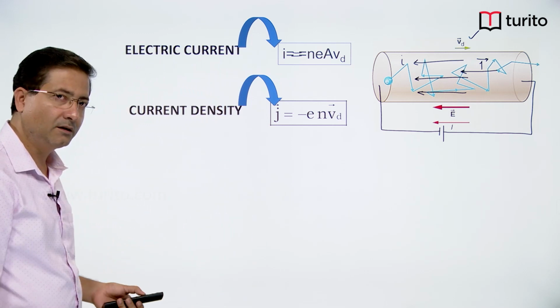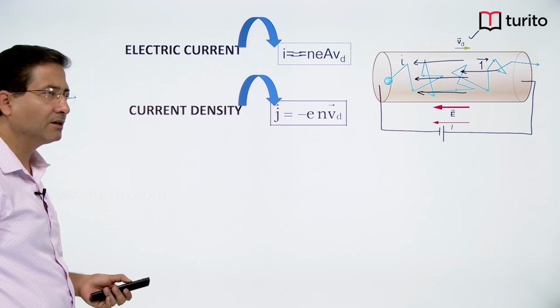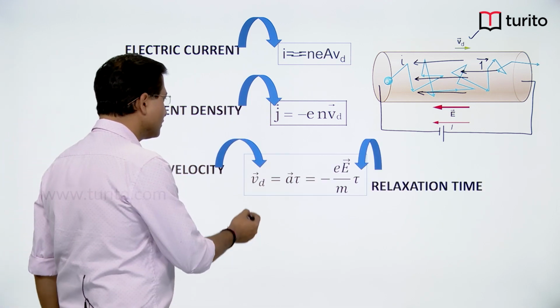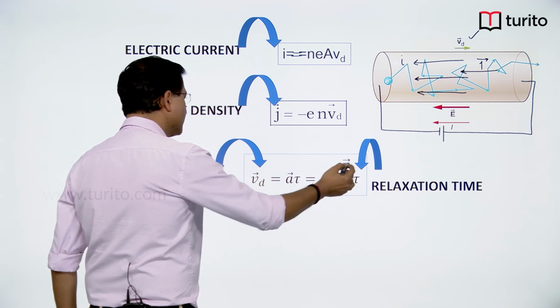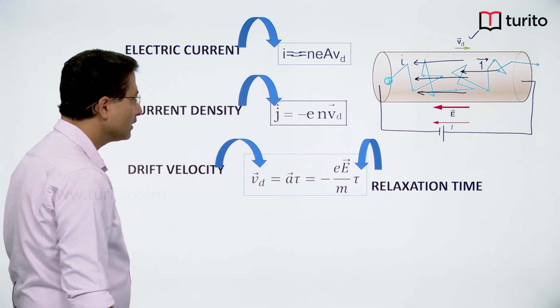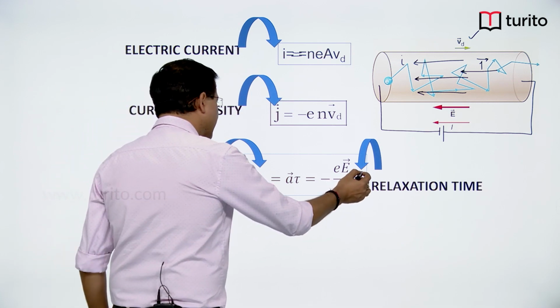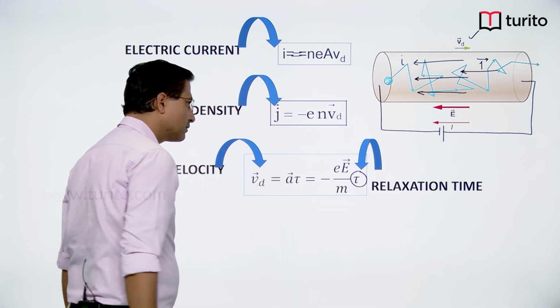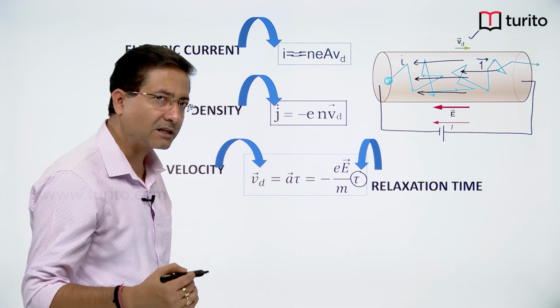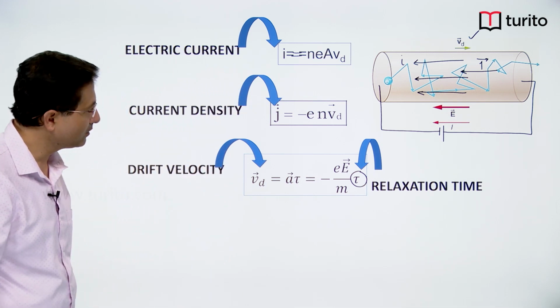And then we found the relation between drift velocity and relaxation time. So, drift velocity is related to relaxation time this way, right. Here relaxation time, as we discussed in the last class, is the average time between two successive collisions.